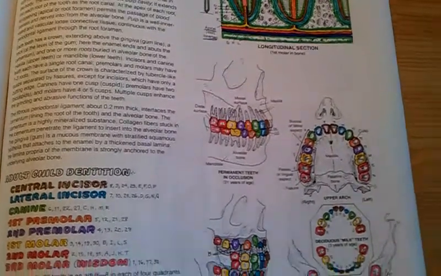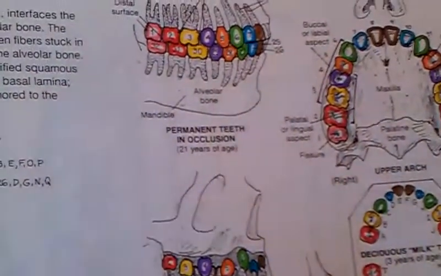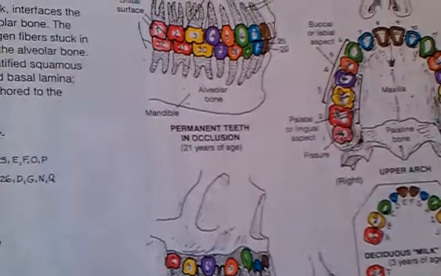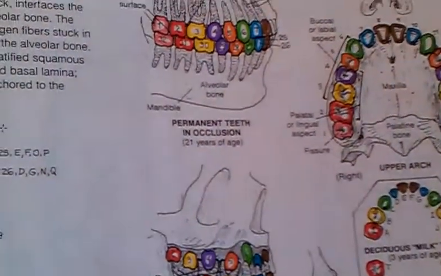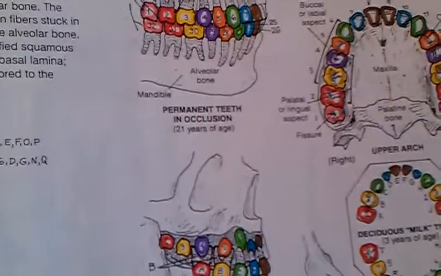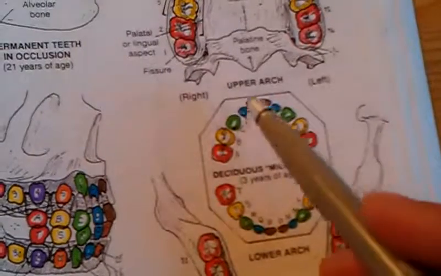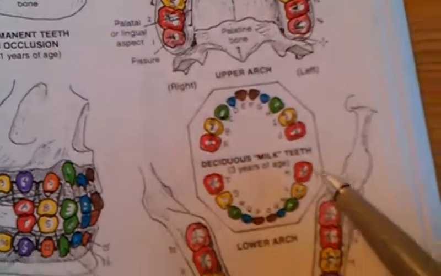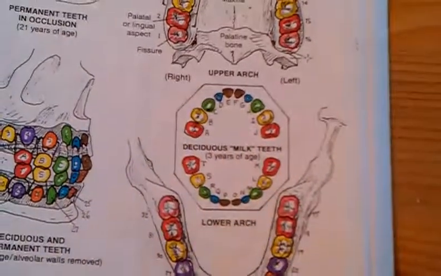Now the eruption of these teeth. The central incisors come first, and those teeth erupt by 6 to 8 months old. So these are the dental arches of the deciduous teeth or milk teeth.